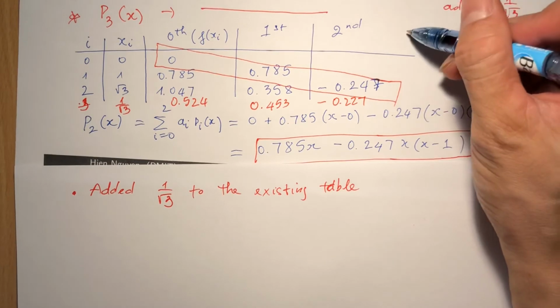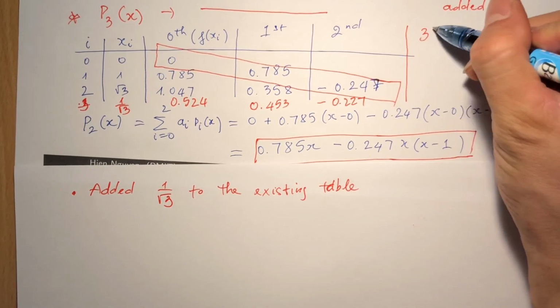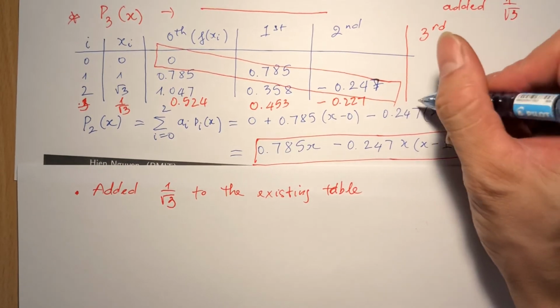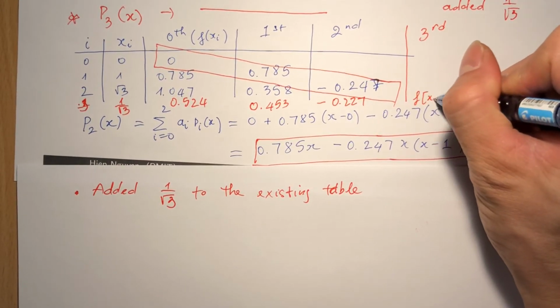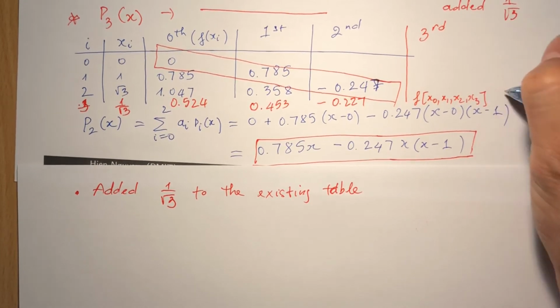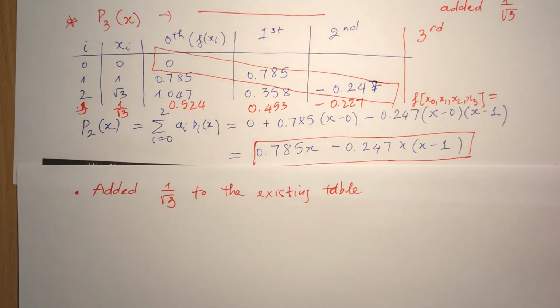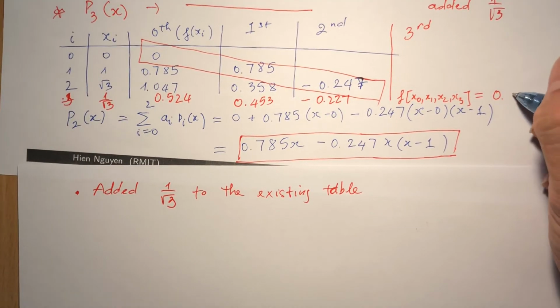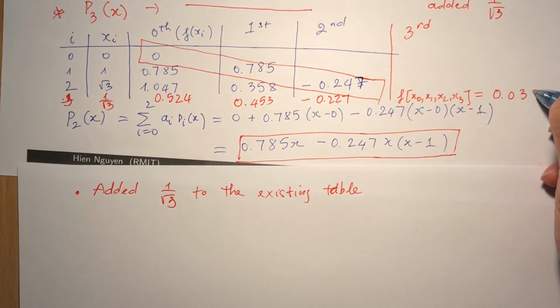Now we need to add another column. This is the third derivative. So the third divided difference is f[x0, x1, x2, x3]. Compute it using the formula. We got the answer 0.035.